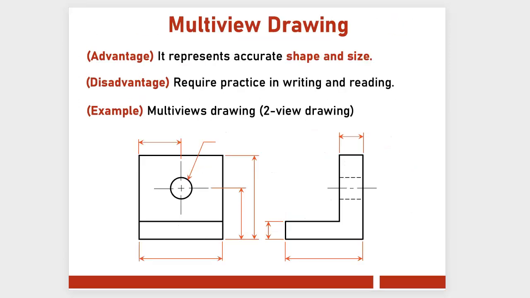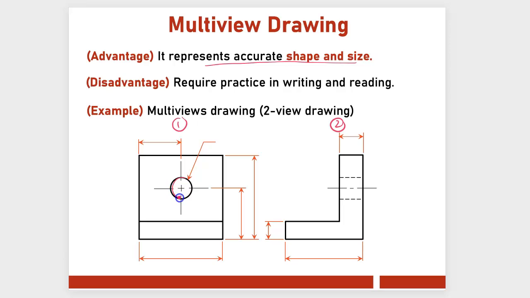This is multi-view drawing. Just now was axonometric, where we had a 3D view of the object. For multi-view drawing, we get only a 2D view of the object, and that is why we need more than one view to represent the 3D object. So this is the first view, and this is the second view. The advantage is that it represents accurate shape and size.